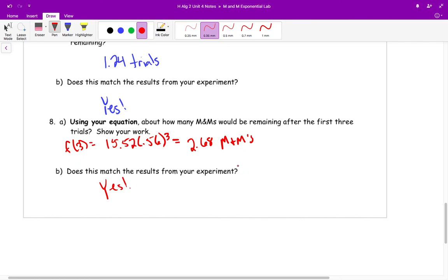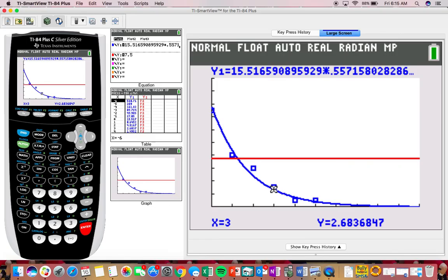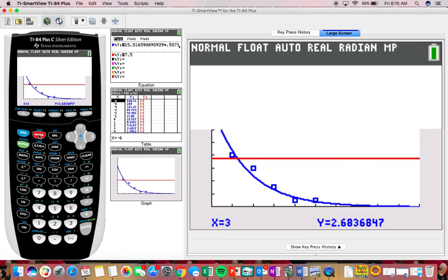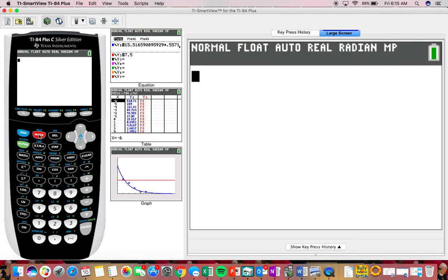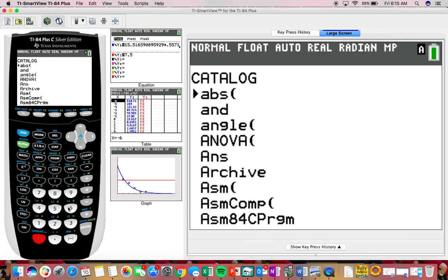All right. Now, just as an additional note, especially to those of you who maybe have a TI-83 calculator, exponential regression might not give you all of those options. For example, I'm going to have to get to it a different way. So let me show you what might look different for you.